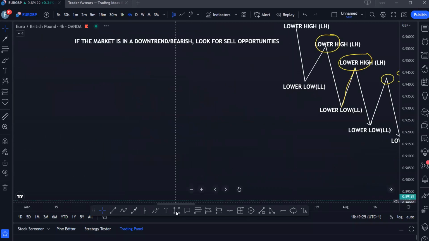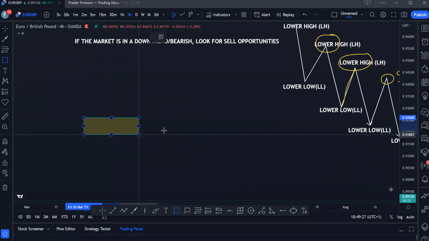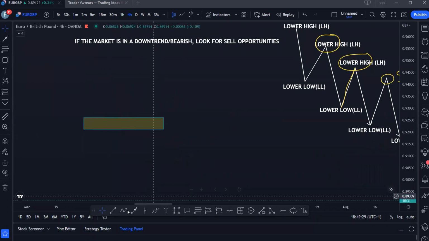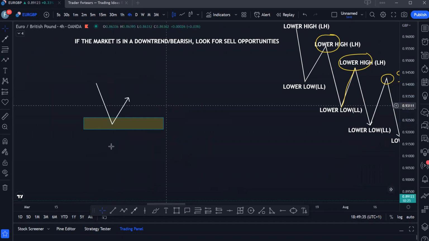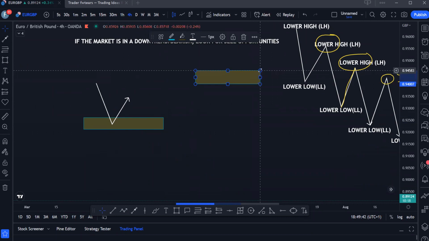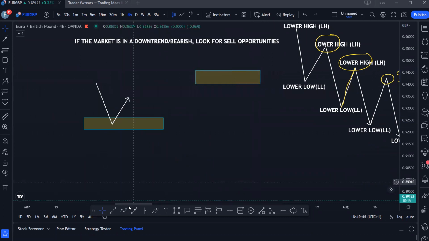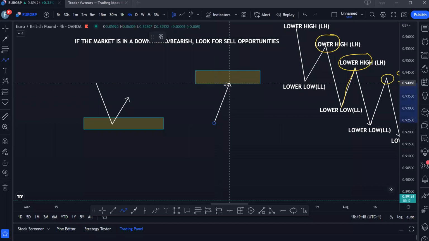A support is an area of the market that acts as a floor. It's a reversal zone in the market. Meanwhile, a resistance is a reversal zone in the market that acts as a ceiling. It rejects price. When price is going up, when it gets to a resistance zone, you see a reversal.